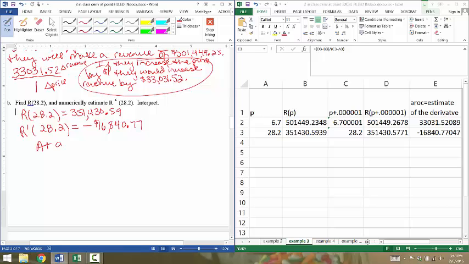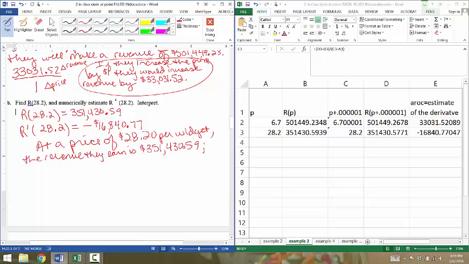They're saying that at a price of $28.20 per widget, the revenue they earn is $351,430.59. And if they raise the price $1, they can expect revenue to decrease $16,840.77.